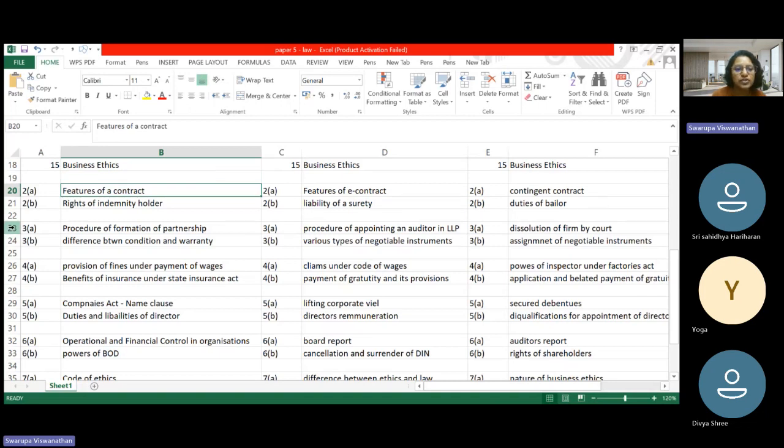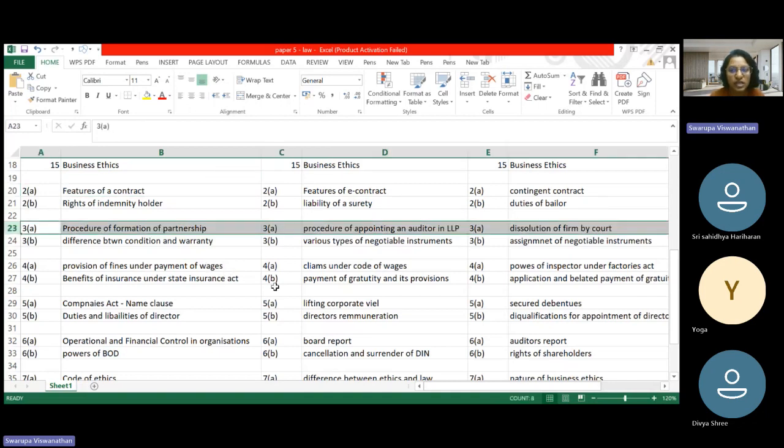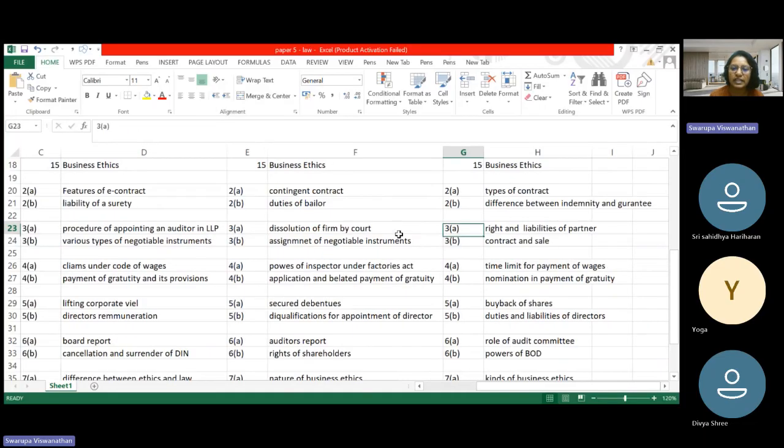Then the third question is a combination. You get one question from Partnership and the other question either from Sale of Goods Act or from Negotiable Instruments Act, or contract and sale difference, Indian Contract Act. So it keeps changing.